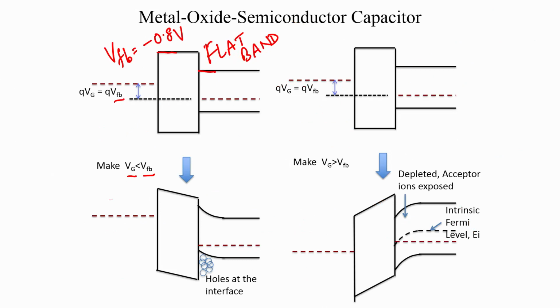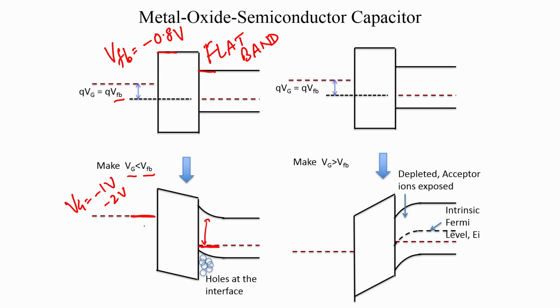And now we are going to make Vg less than VFB. Let us say we start making Vg equal to minus 1 volt and then minus 2 volts, and so on. So, what are we doing? We are further increasing the difference between the metal work function and the semiconductor work function.